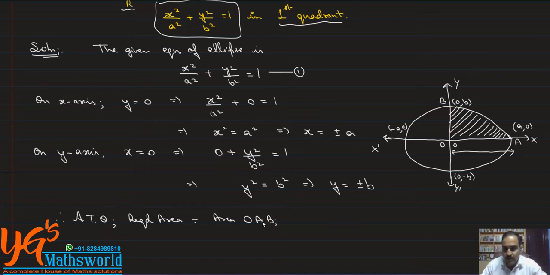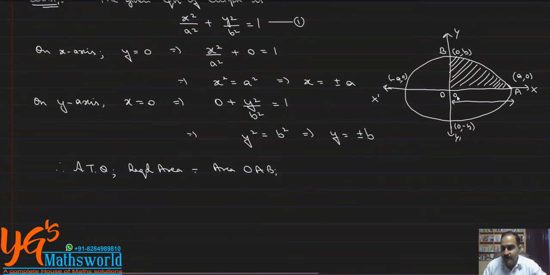Now in this area OAB, the limits of x are varying from 0 to a, whereas the limits of y, we have to take as variable limits. For that, I am taking a vertical strip PQ.